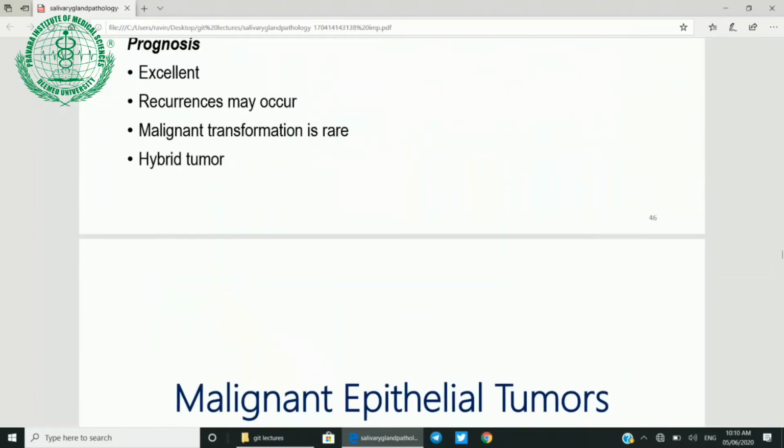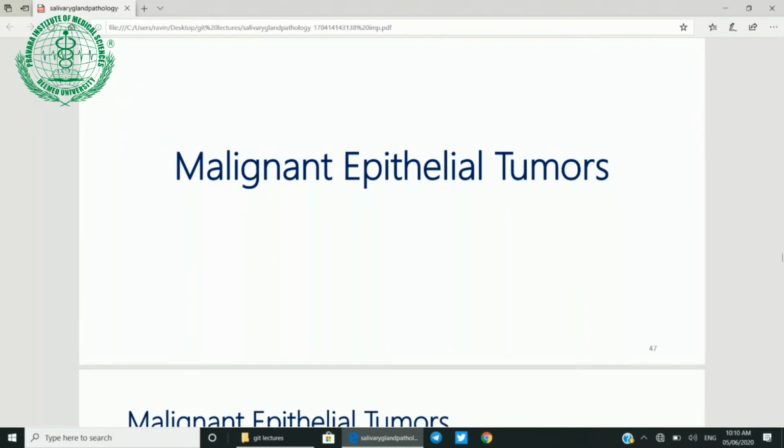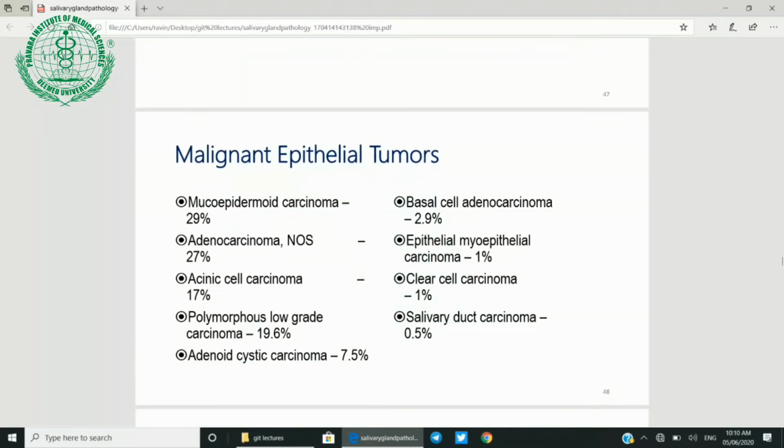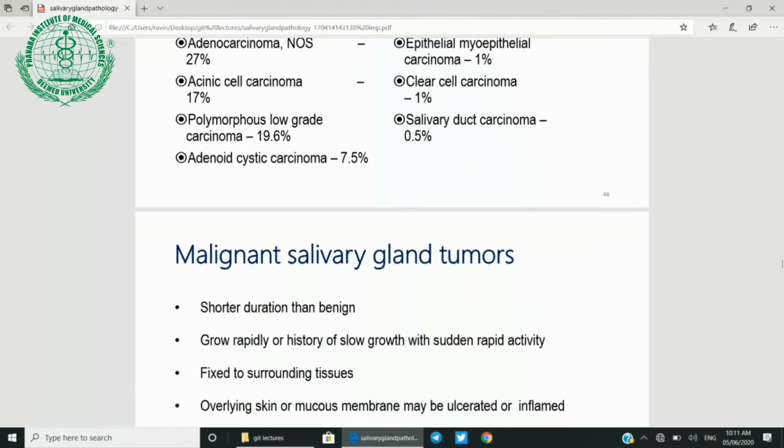Will not go into the details, directly move on to the malignant epithelial tumors, and out of that, most importantly, is Mucoepidermoid Carcinoma. Other things can occur: adenocarcinoma not otherwise specified, acinic cell, polymorphous, adenoid cystic. For you to remember: mucoepidermoid, adenoid cystic, and acinic cell carcinomas.